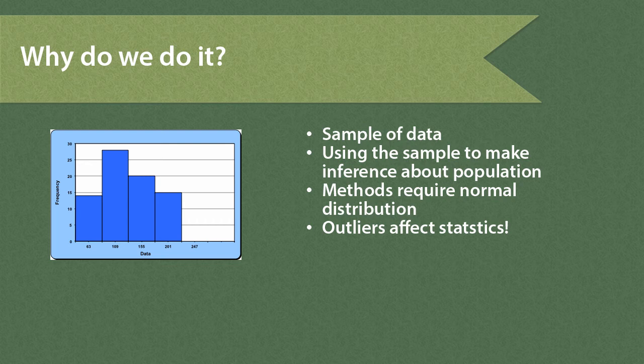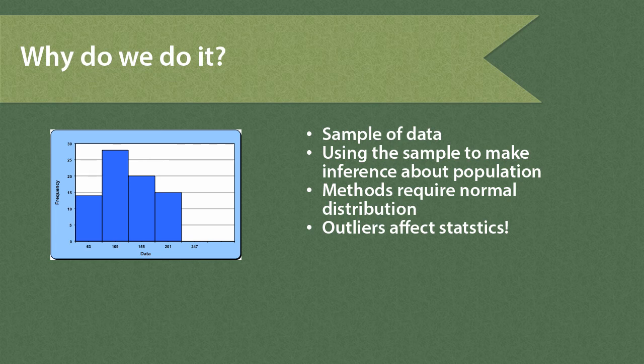So why do we examine the distribution of our sample data, such as incomes? Well, it's important to understand that we are working with one sample of data, but eventually we're going to want to use this one sample of data to make an inference or a guess about an entire population. Understanding the distribution in our sample helps us do that effectively, because some of our methods will require a normal distribution or at least something close to it.